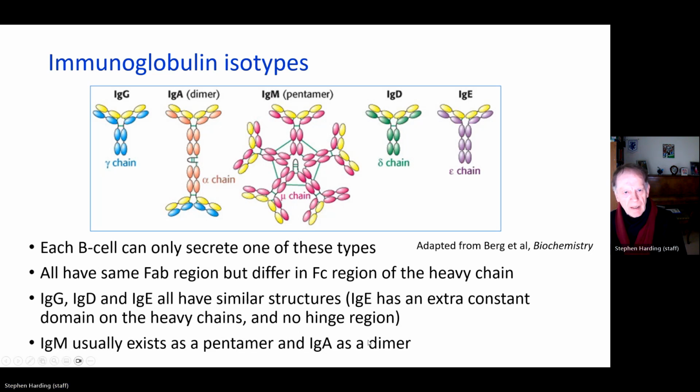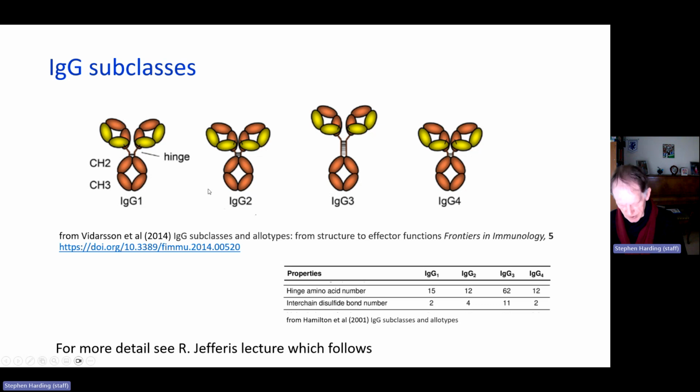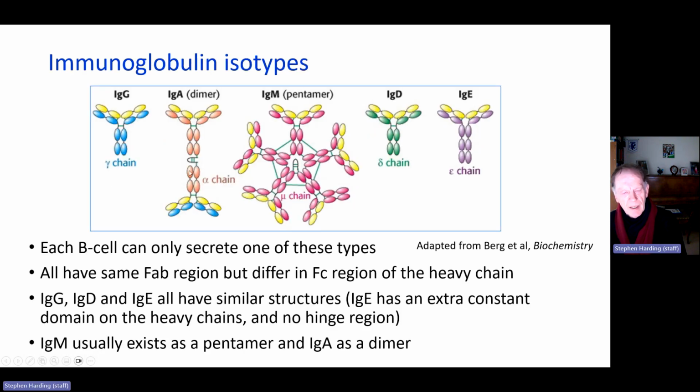IgG, IgA, which can exist as dimers, IgM, which can exist as a pentamer, IgD and IgE, which has this extra constant domain but lacks a hinge region. And the light chains are either kappa or lambda.